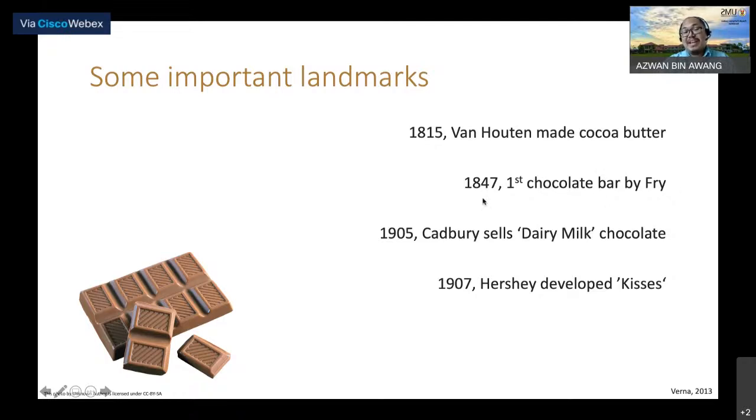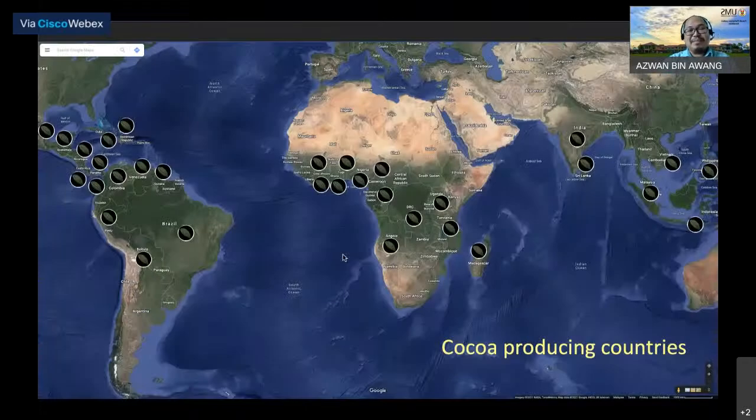I think they are now under the company of Cadbury. In 1905, Cadbury developed Dairy Milk that we like very much. In 1907, many of you probably like Kisses, that small chocolate, developed by Hershey. So you see it's a very old history of chocolate.